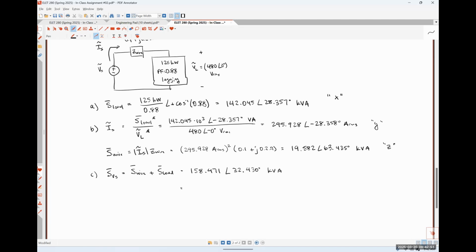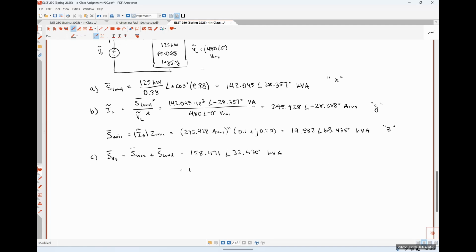And for reasons that will become obvious in a moment, I'm also going to express this in rectangular form, which would be 133.757 plus J 84.980 kilovolt amperes in rectangular.